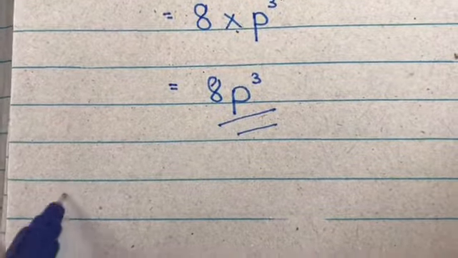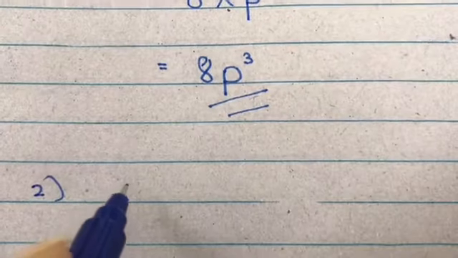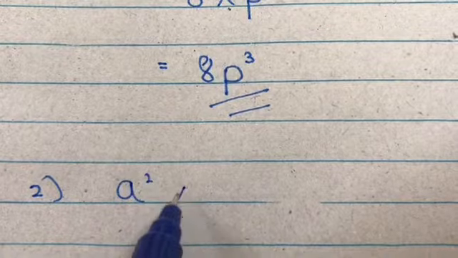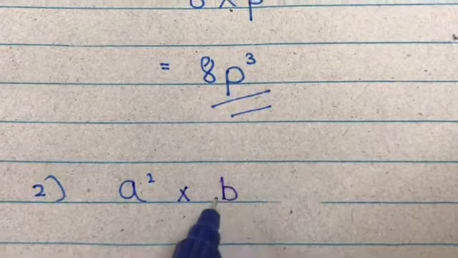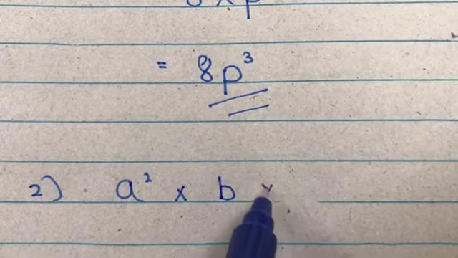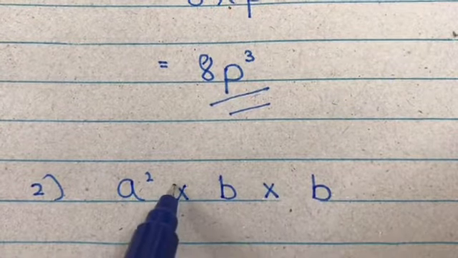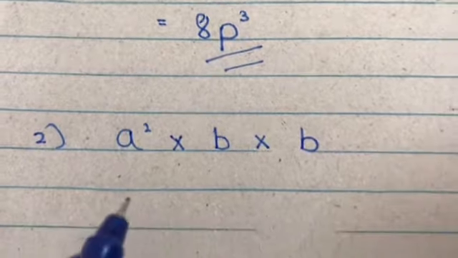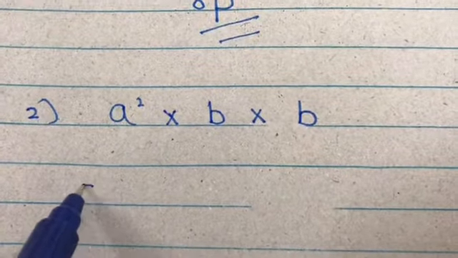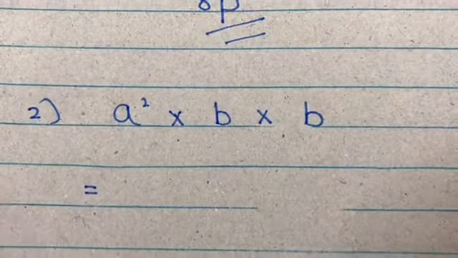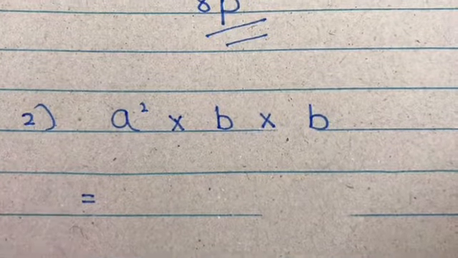For example, if we have a squared times b. Now this is a question, and the question, of course, is going to give you a multiply sign in between the letters and the numbers. But when you start solving, you're going to underline them.